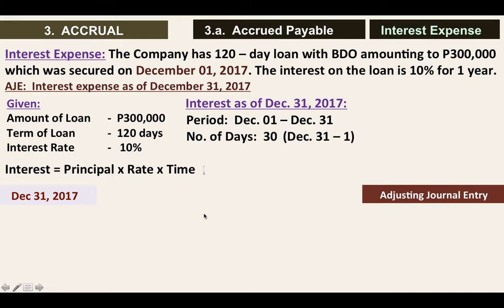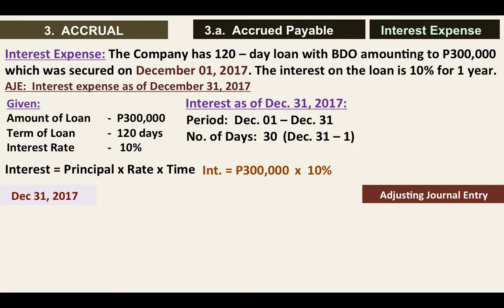If we are going to substitute, interest equals principal will be 300,000. Ang rate will be 10%. So that will be times 10%. In as much as we are just getting the interest for 30 days, this 1 year will be converted into a number of days.